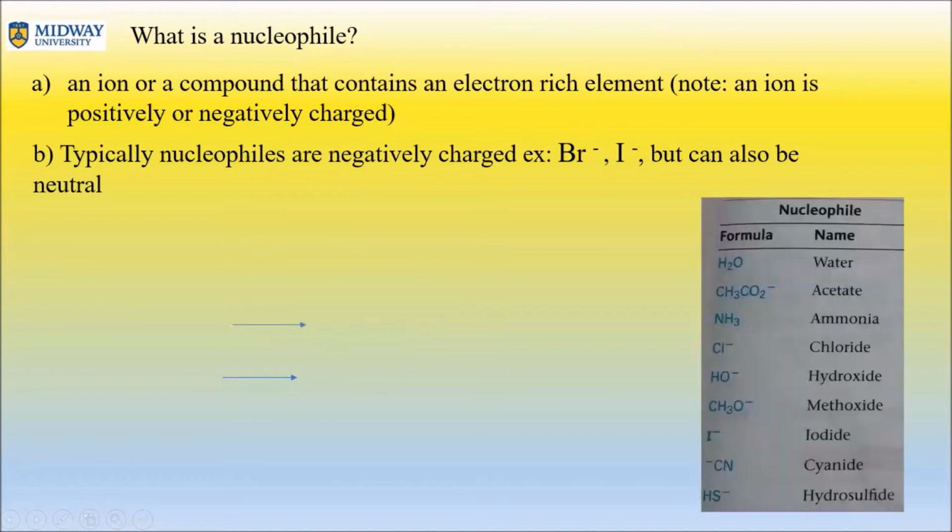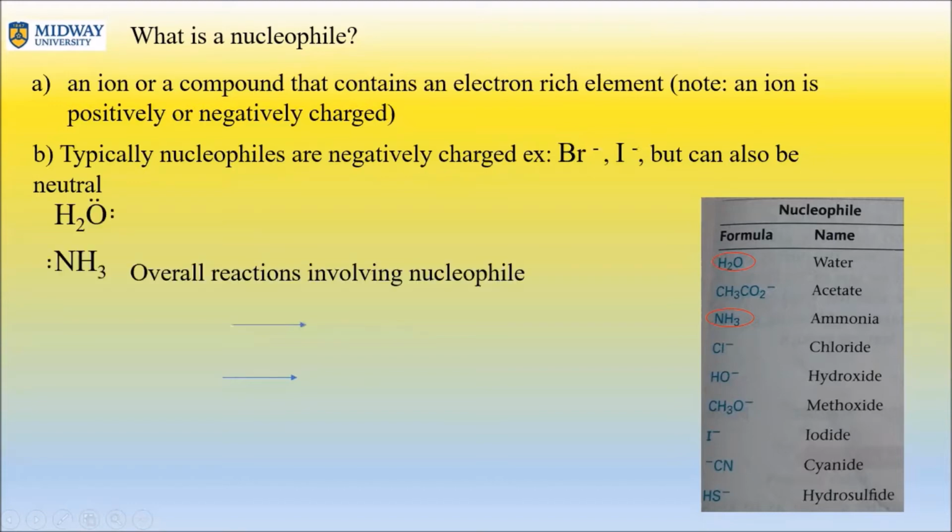Now, you do not have to remember this list of nucleophiles. What I have done here is highlighted the 2 neutral ones, because the remainder of the nucleophiles are negative. So I just wanted to take the time to point out why water and ammonia are good neutral nucleophiles.